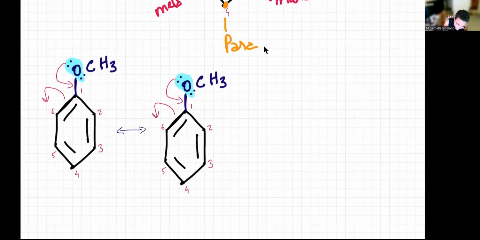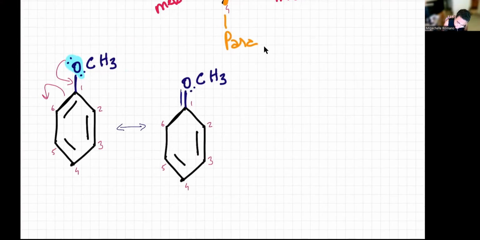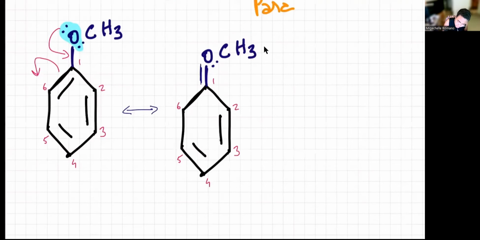We know one resonance can be this. Let me move the same. We can have this, and then you put the charge. That's one resonance.